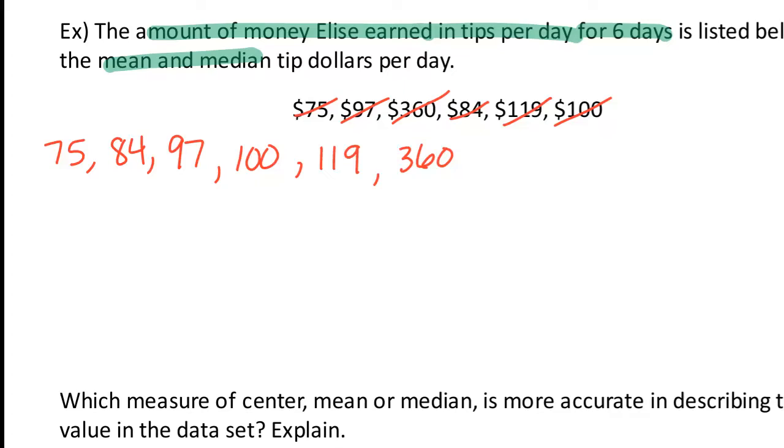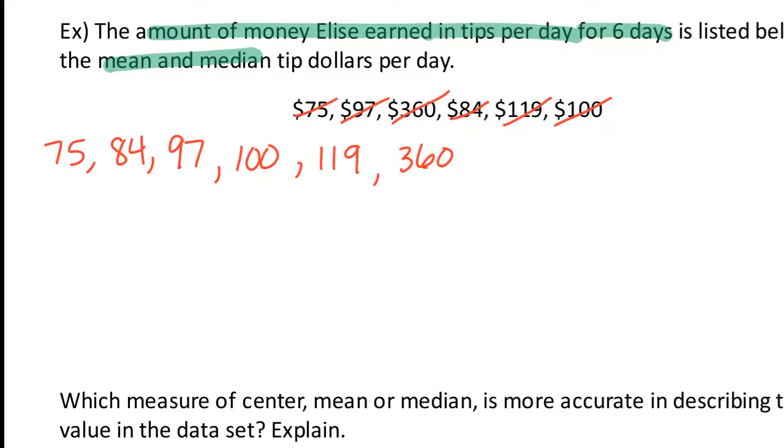Okay. All right. So if you notice, this time I have 6 values. Because I have 6, you end up with an even number on each side with nothing really in the middle, right?